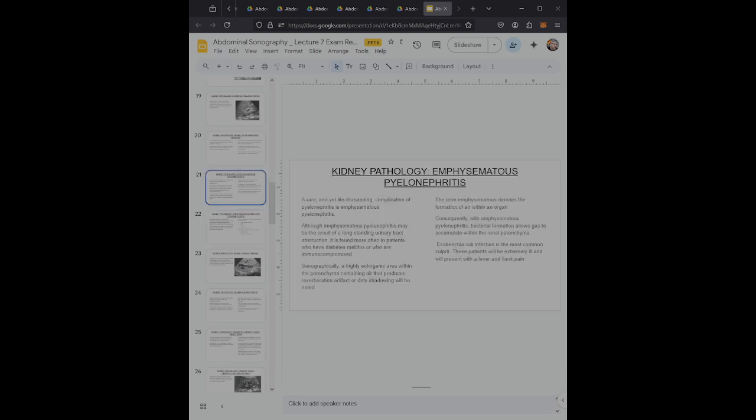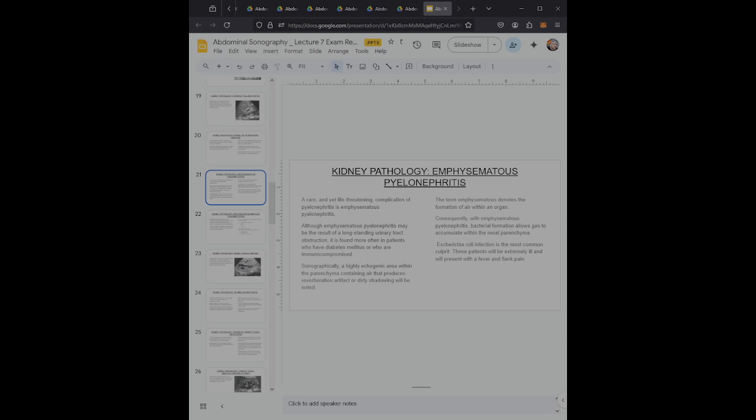Emphysematous pyelonephritis. This is a rare and life-threatening complication of pyelonephritis, and the term emphysematous denotes the formation of air within the organ. So consequently, bacterial formation allows gas to accumulate within the renal parenchyma, and the bacteria that causes this most often is Escherichia coli or E. coli.